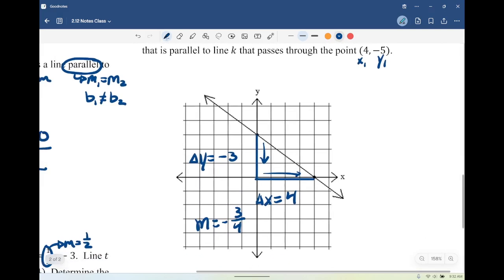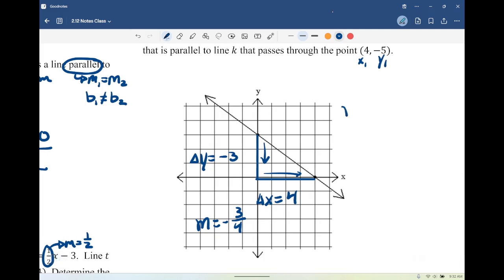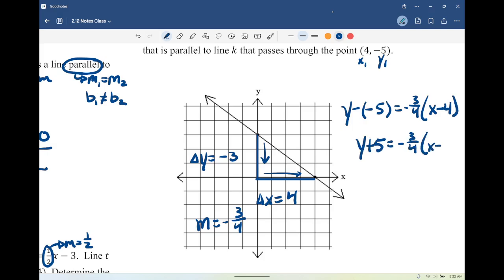And so, again, substitute these in. Y minus a -5 is equal to -3/4 times x minus 4. Clean up the double negative. Y plus 5 is equal to -3/4 times x minus 4. Why do I not have to change how that looks?